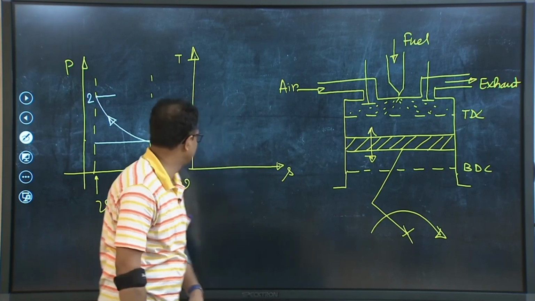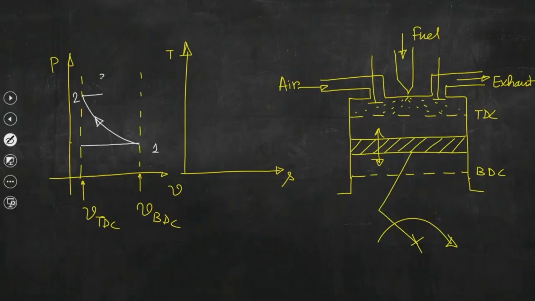This is point 3, and you can see that it is not a constant volume combustion. It is not mimicked by a constant volume heat addition process, because the volume is changing, but the pressure is remaining constant.